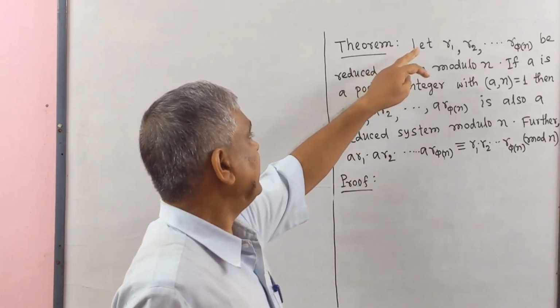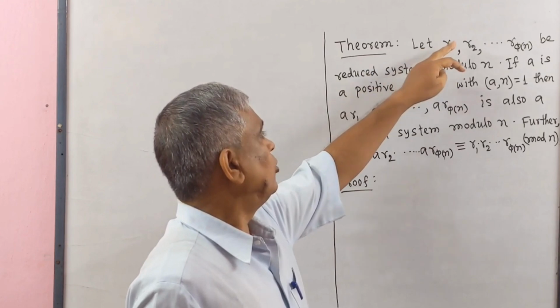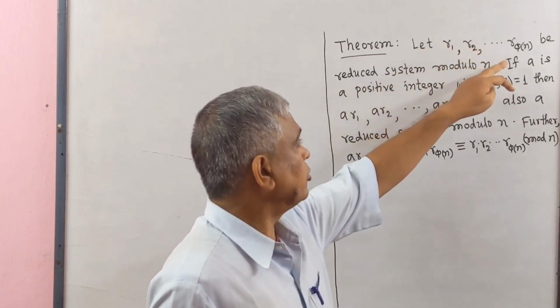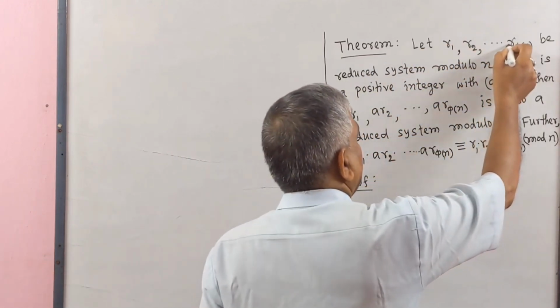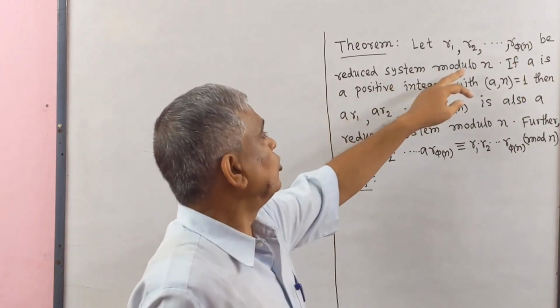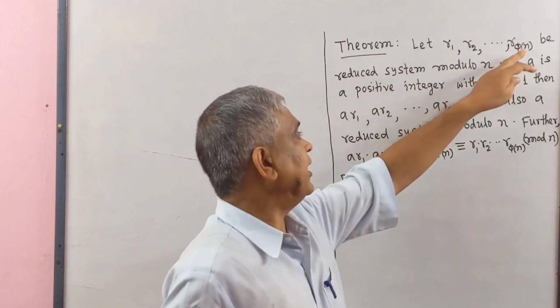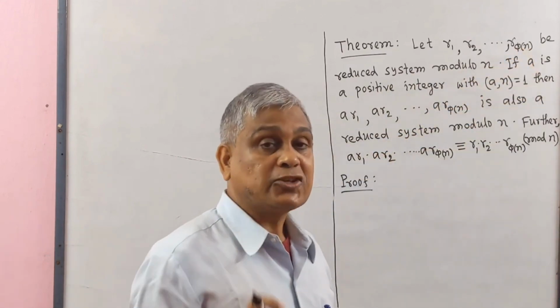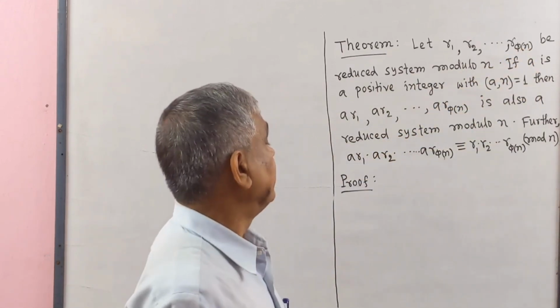Now, we prove a theorem. The theorem is: let r1, r2, ..., r phi n be a reduced residue system modulo n. Here phi n is the Euler's phi function of n.